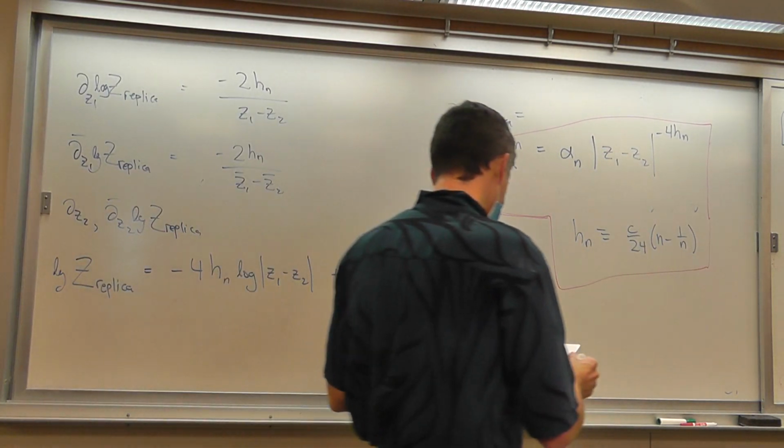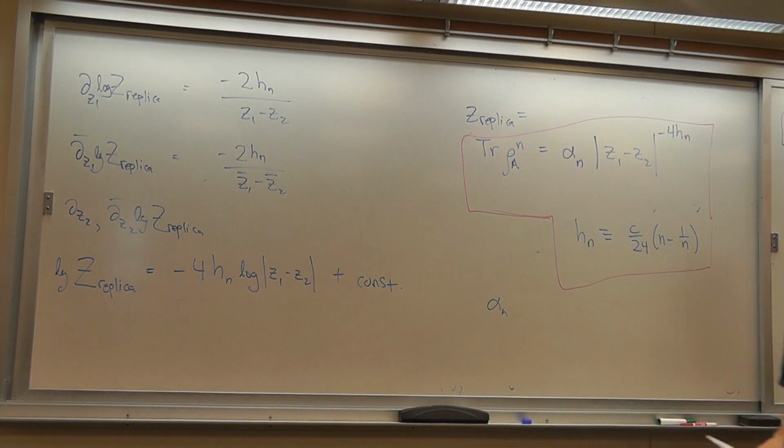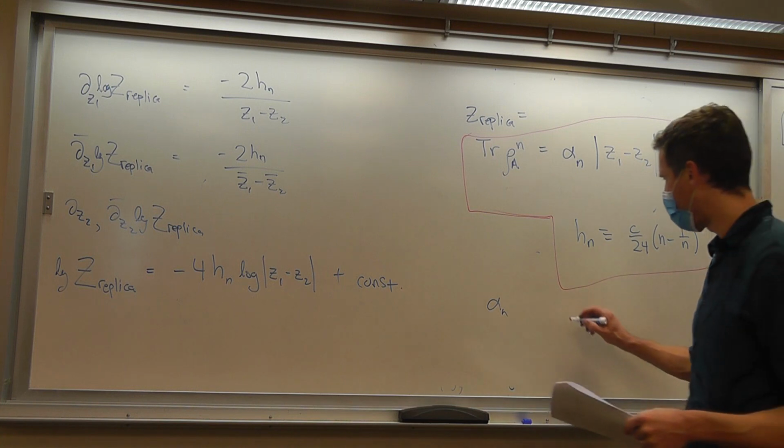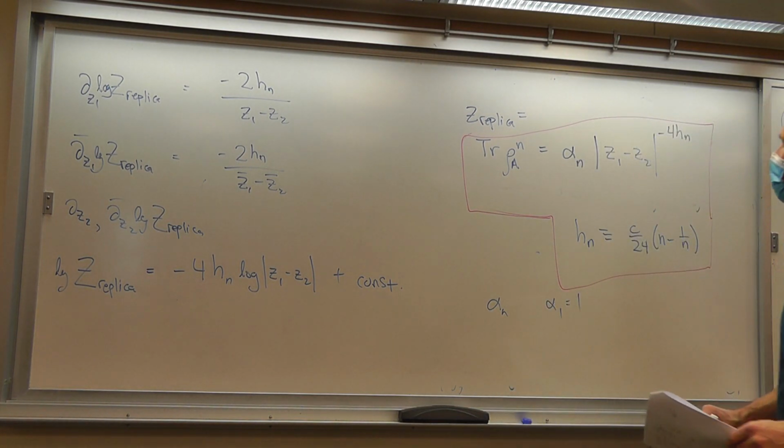So alpha n is undetermined because it was this integration constant. But alpha 1 is equal to 1.